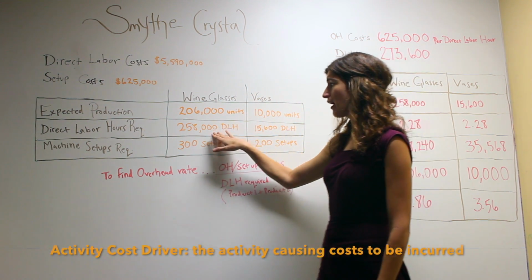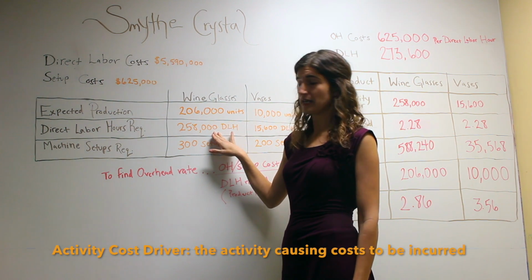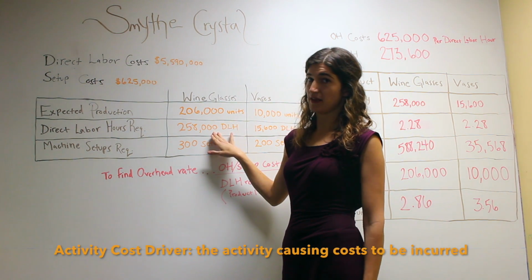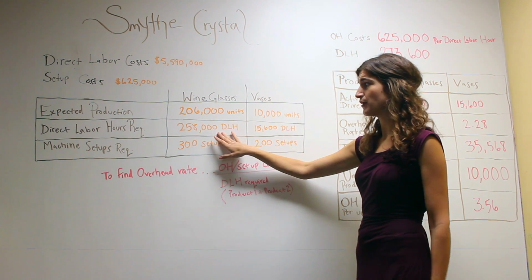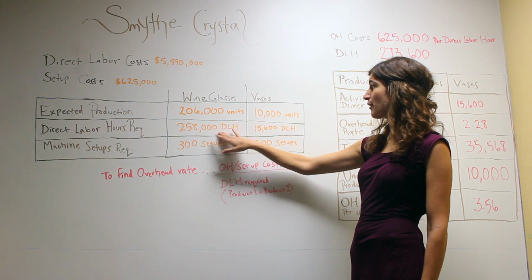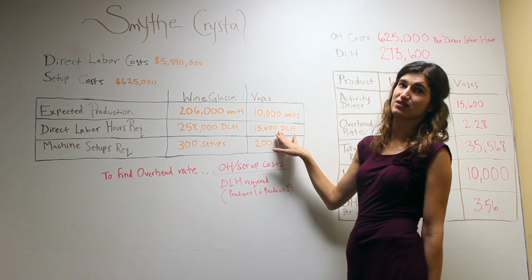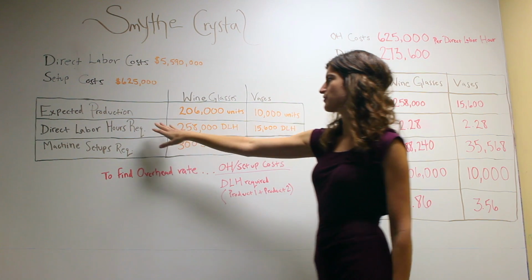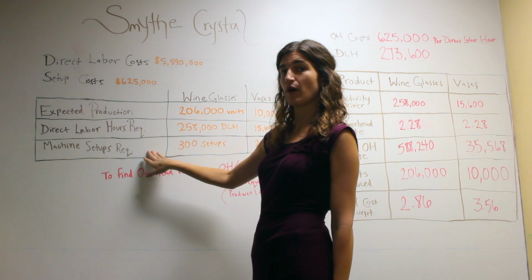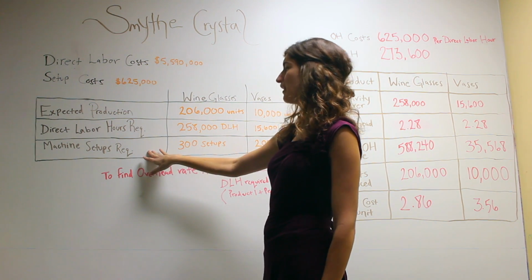Our activity driver for this period is direct labor hours. The direct labor hours for wine glasses is 258,000, and the vases are 15,600 direct labor hours. Right now, we're focusing on these direct labor hours, not the machine setups required, but in our next example, I will highlight that.